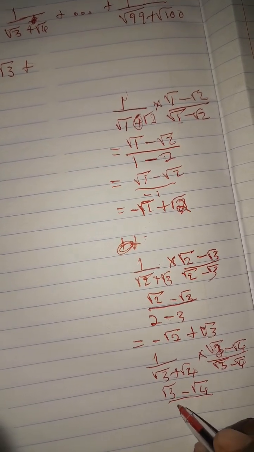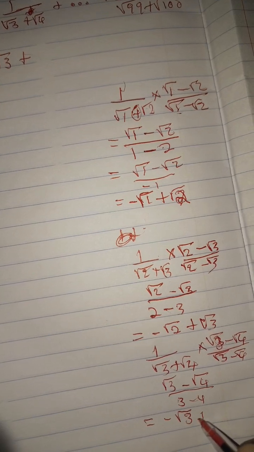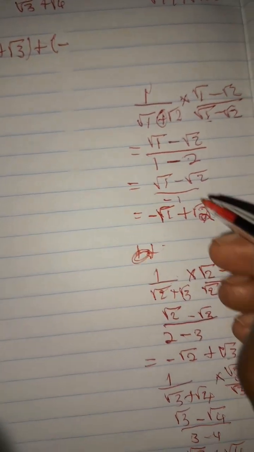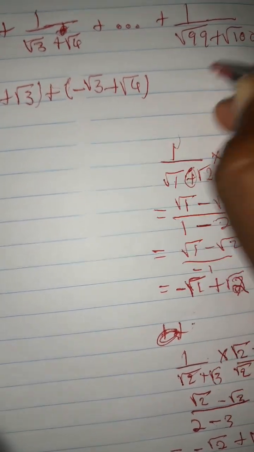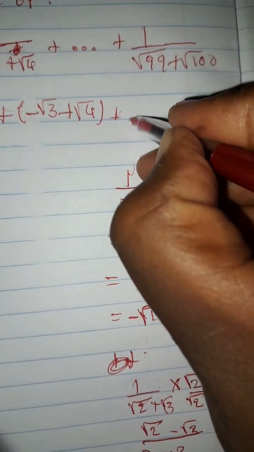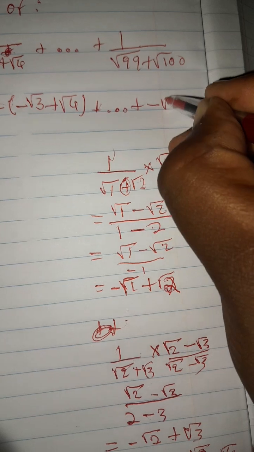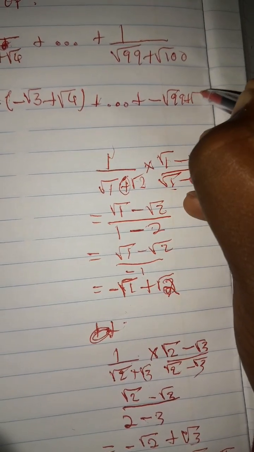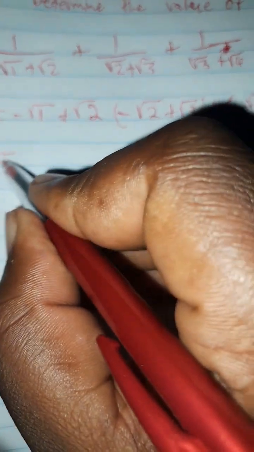When we work it out, we have 3 minus 4, so when you simplify further, it's negative √3 plus √4. Let's put brackets. Similarly, when we rationalize this, plus ellipsis plus, we are going to have negative √99 plus √100 in this case.